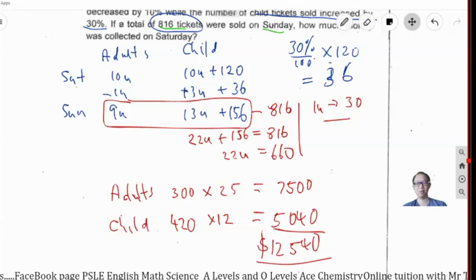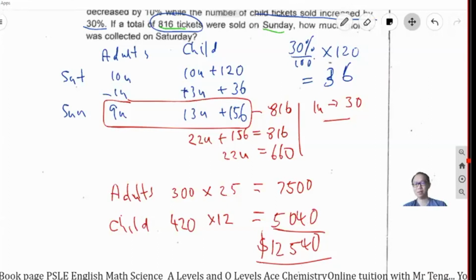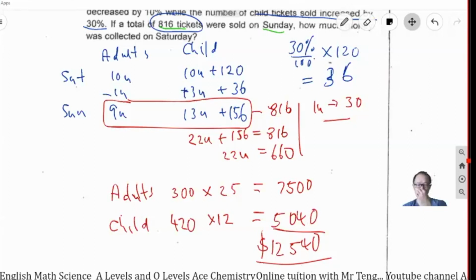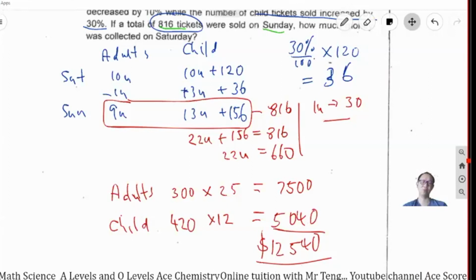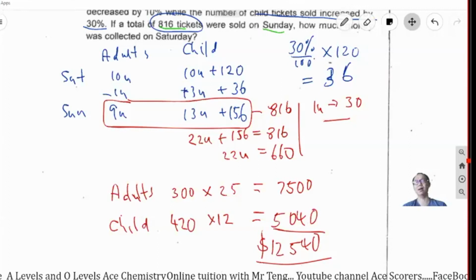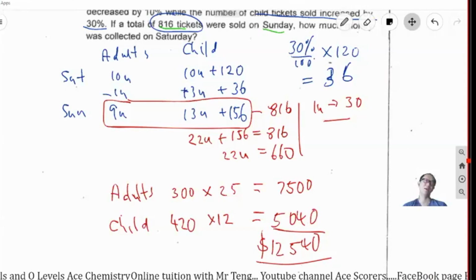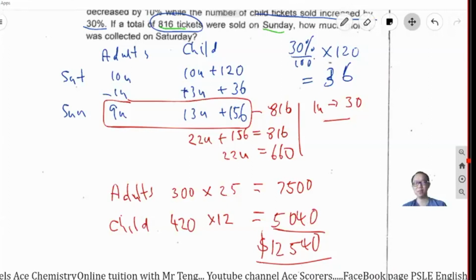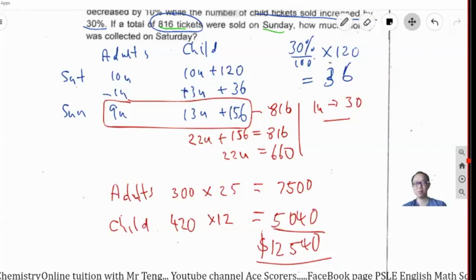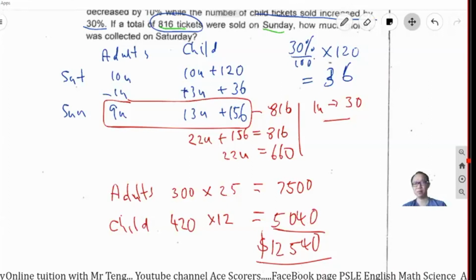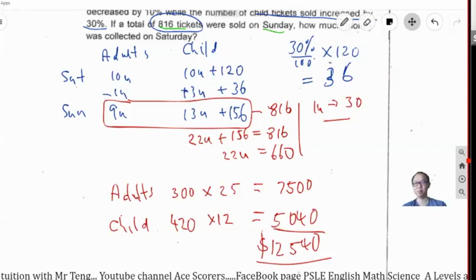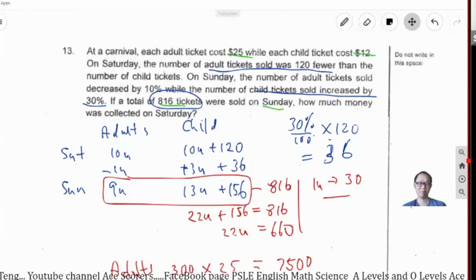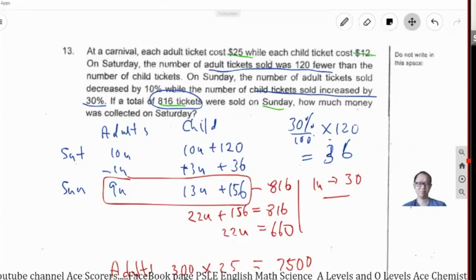Because I've done a lot of before and after, and ratio. When I see it immediately, I know it's this type of question. So I don't really think about it, just do. Because I've done so much.